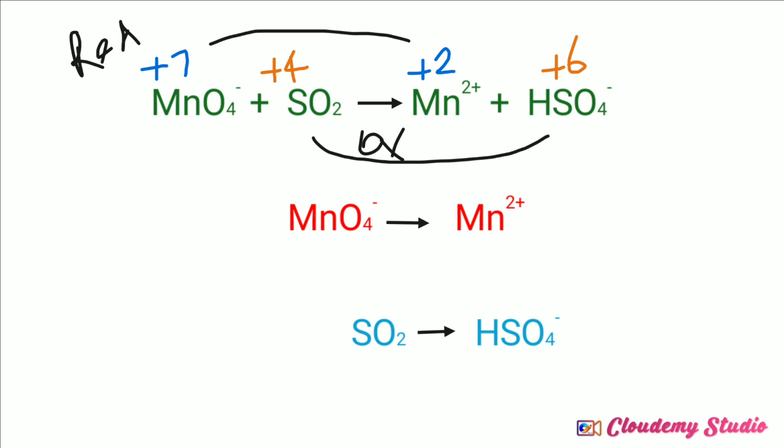So the first half reaction is the reduction half reaction: permanganate ion to manganese ion. And sulfur dioxide to hydrogen sulfate ion is the oxidation half reaction. Let's balance these half reactions separately.